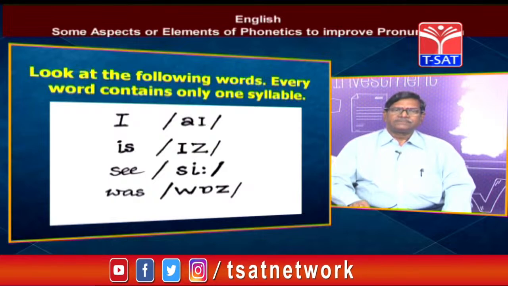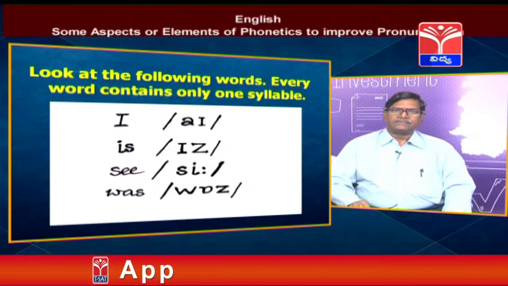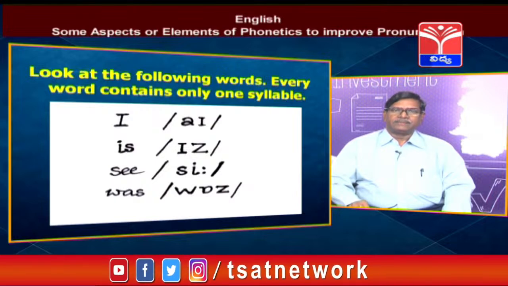Is, one syllable. See, was. In all these, in a syllable, what is compulsory? Let us think about it. The first one, I, one vowel sound.